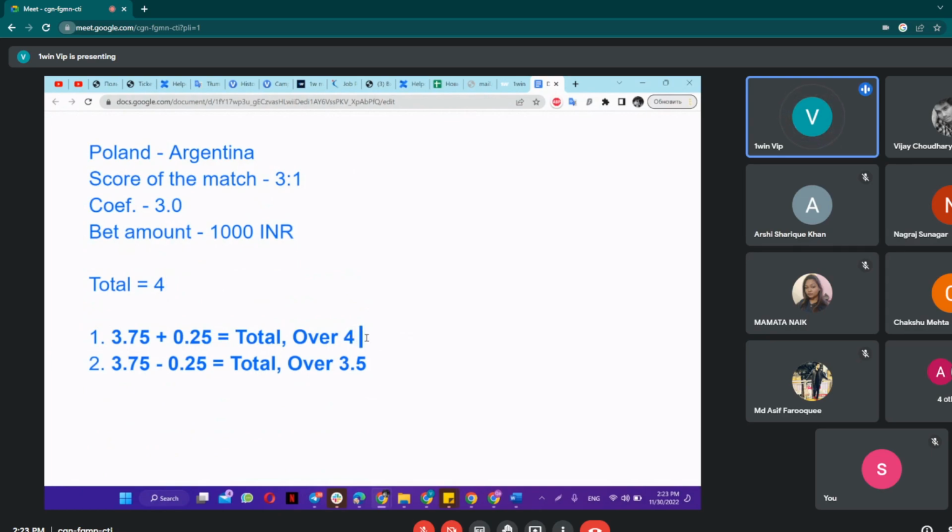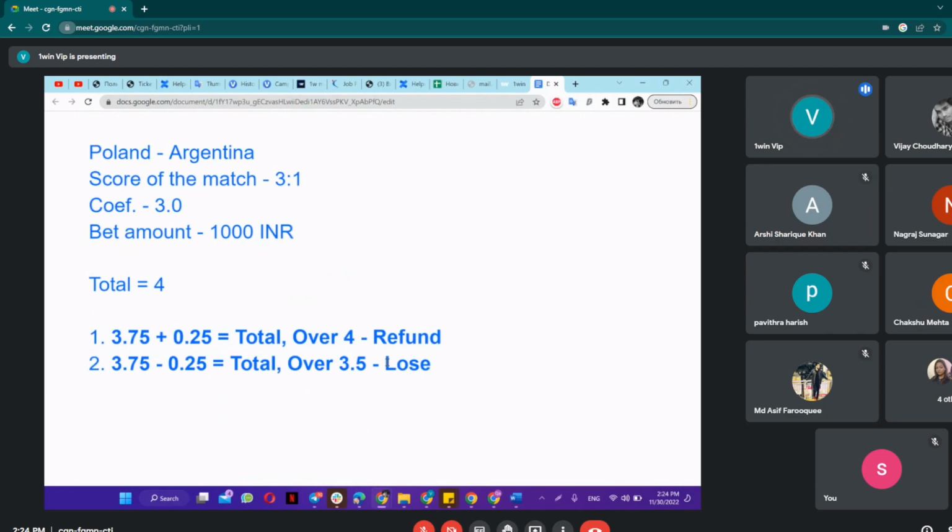Total over 4, I'm placing a bet that total will be more than 4. Total of the game is 4. What is the status of this bet? Win, lose, or refund? First one would be refund and the second one would be win. Does everyone agree with this statement? Yes, sir.